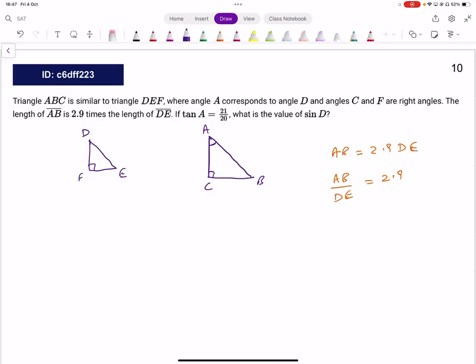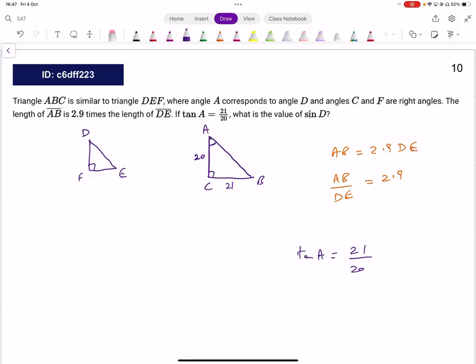What that means is the ratio between the sides is like this. If this was 21, this would be 20. Get that? Opposite over adjacent. So tan of A is 21 over 20. That's the ratio between the two sides. What's the value of sine of D?